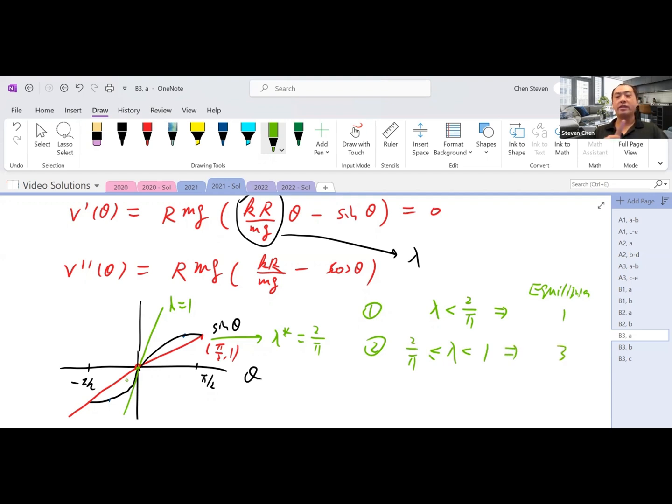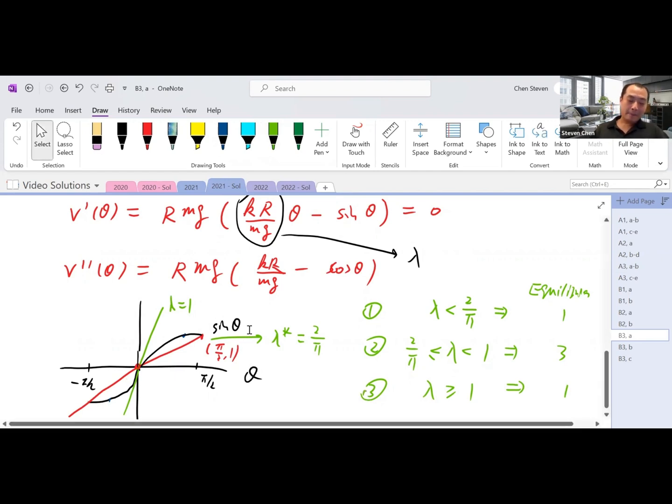One is the origin, one is for positive theta, the other one is for negative theta. And when lambda is at least 1, we have a single equilibrium. That is theta equal to 0. Okay? All right.